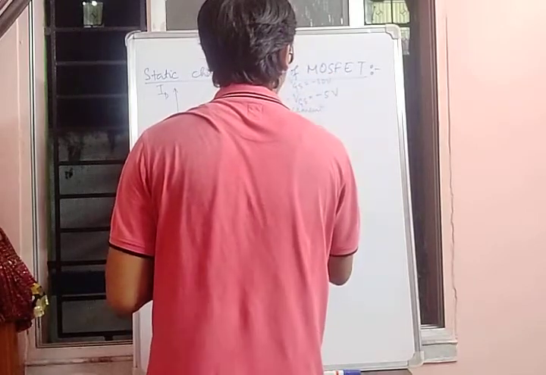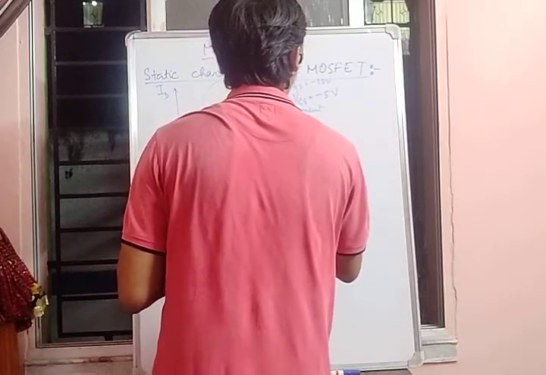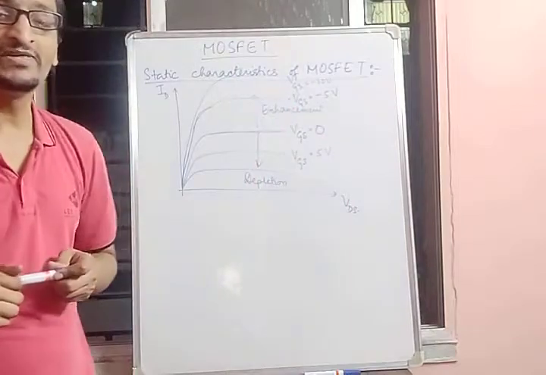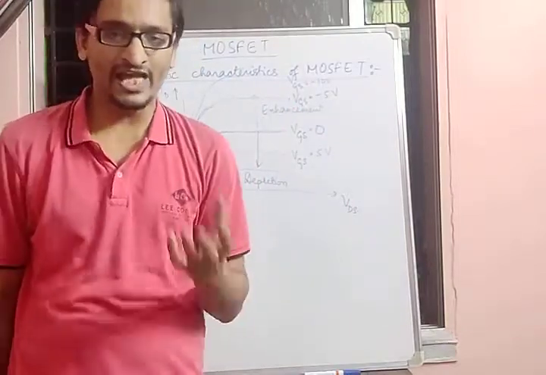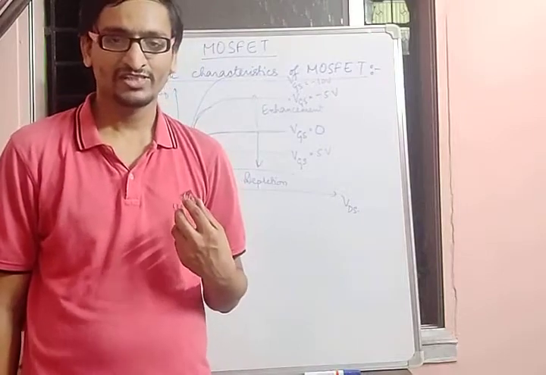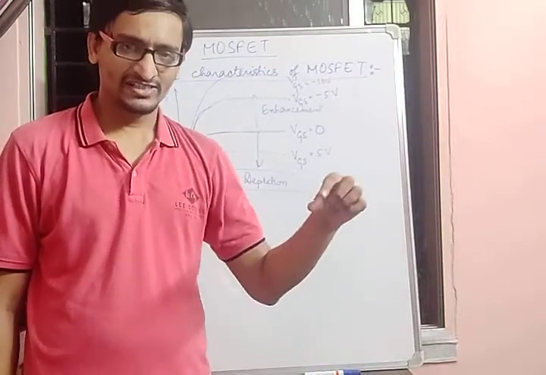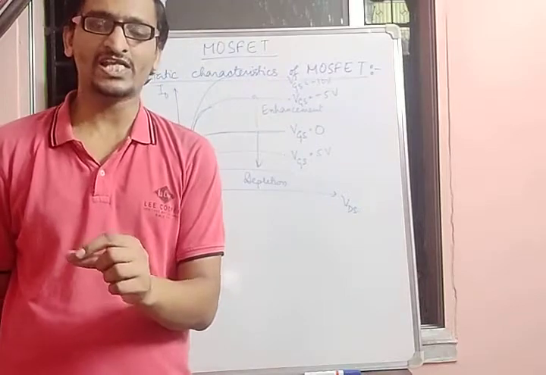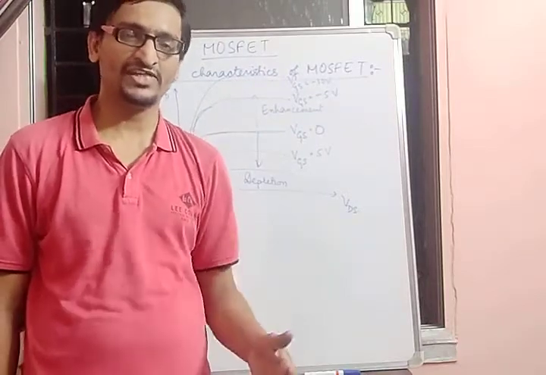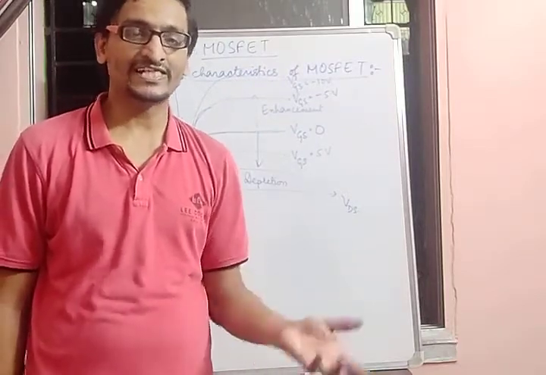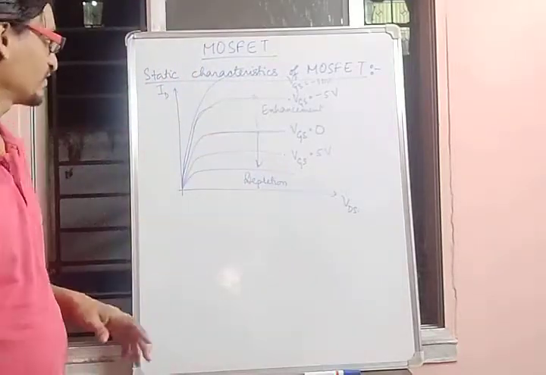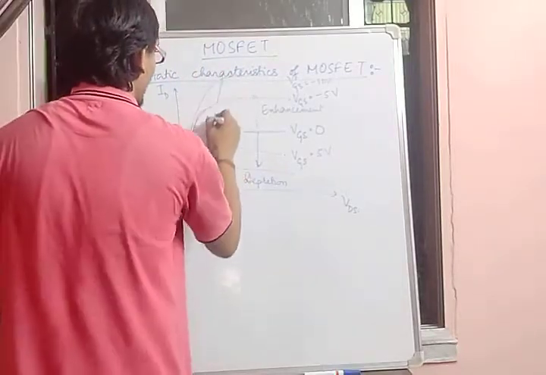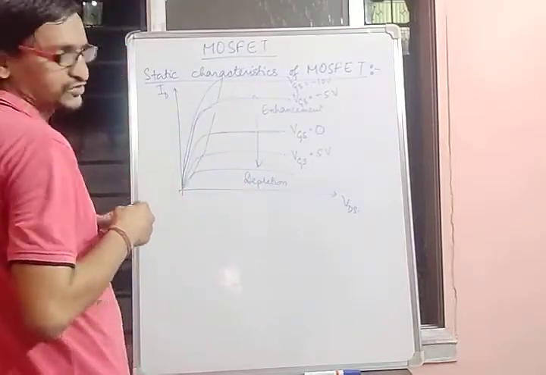If I make the gate voltage positive, it starts to work in the depletion mode, because the positive voltage applied at the gate terminal will attract electrons towards itself. As a result, some portion of the channel will be depleted of majority carriers, so its conductivity will decrease. In this way we get the curve. So this is the static characteristic of the MOSFET.